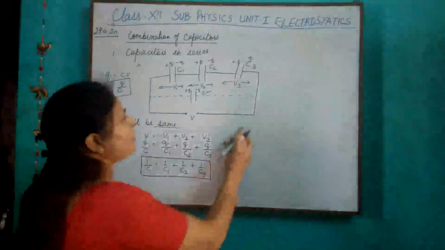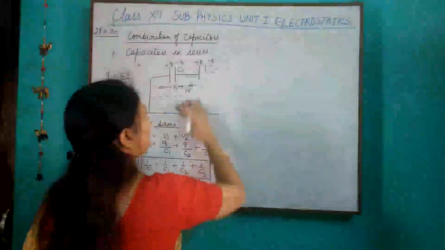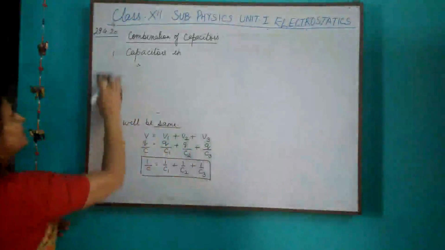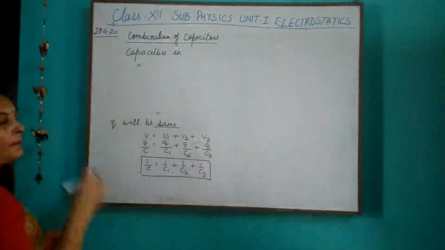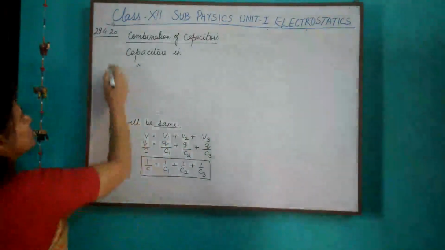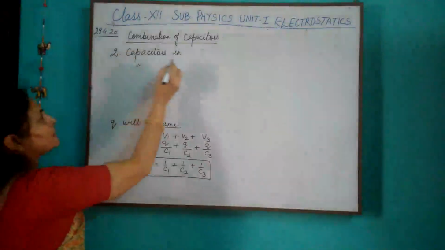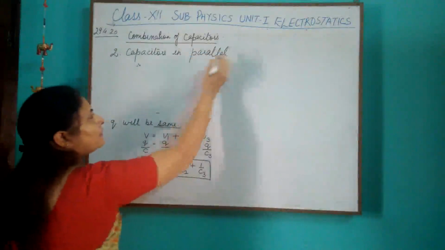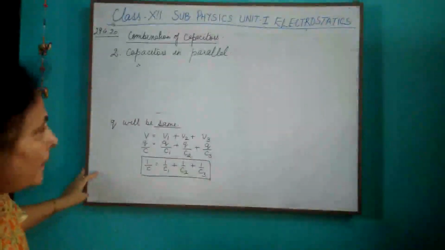Now for parallel combination, we'll again take 3 capacitors in parallel. So this is the second case, capacitors in parallel.